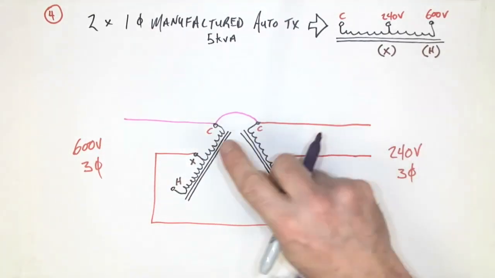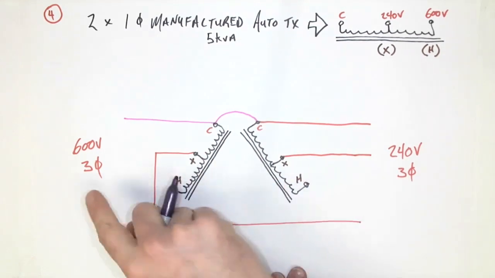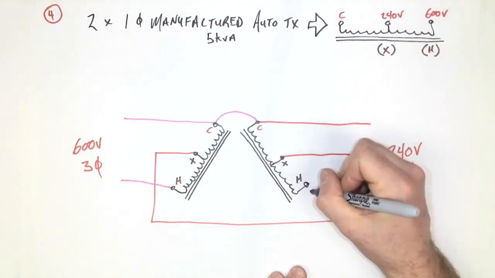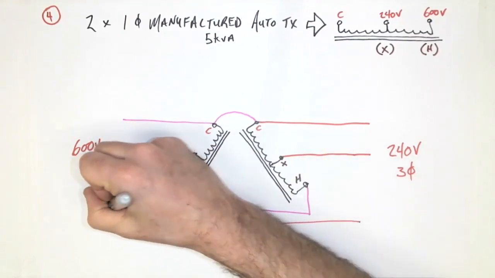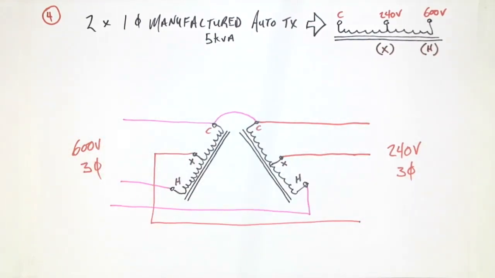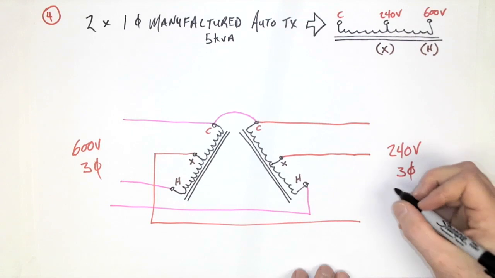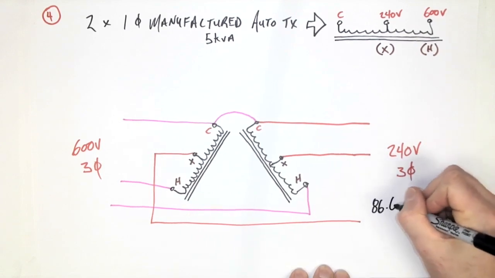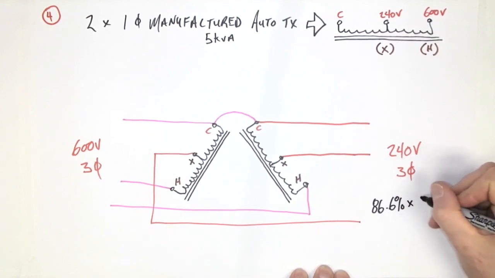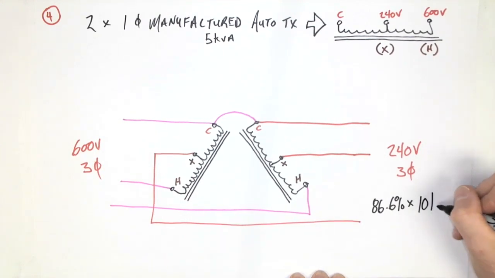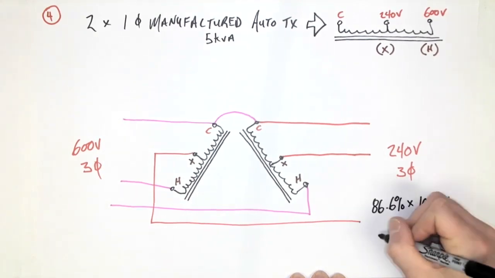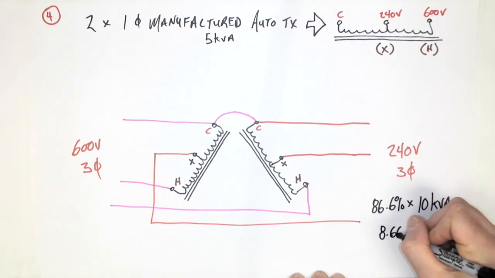And then I've got my H terminals both connecting back to the 600 volt side. And again, we know that the total kVA is going to be 86.6% of the original two transformers that are rated 5 each, which then gives us 8.66 kVA total.